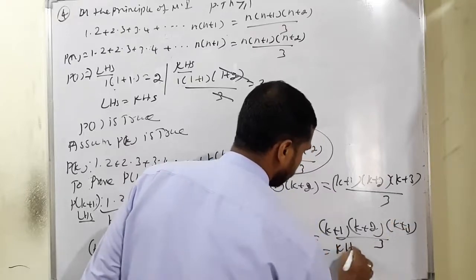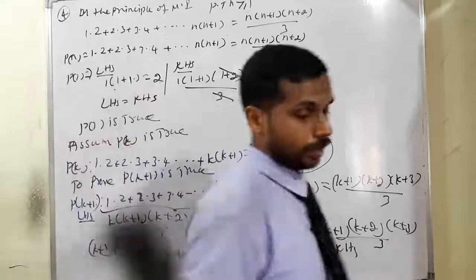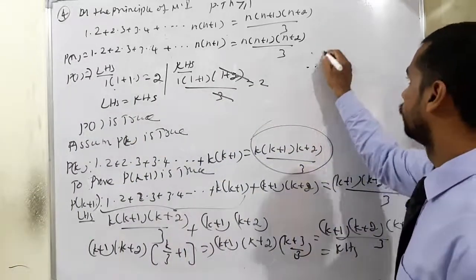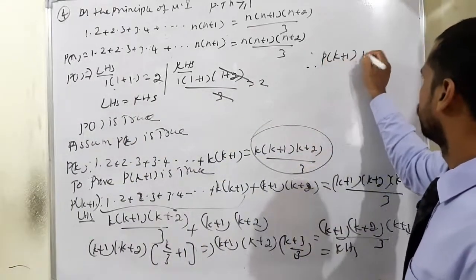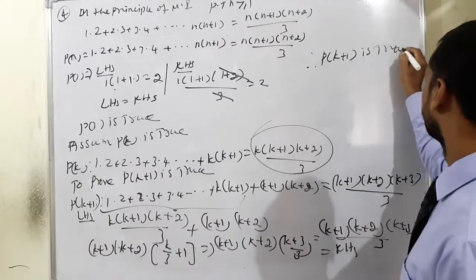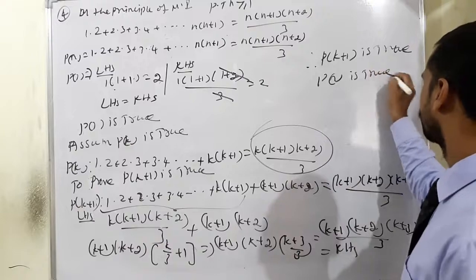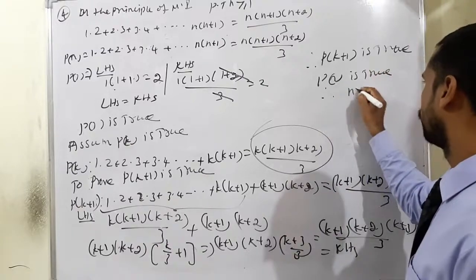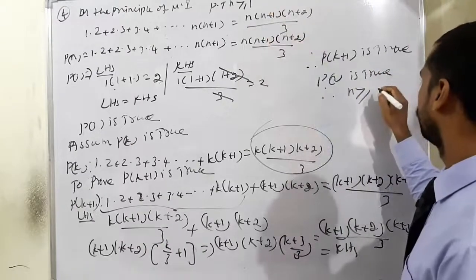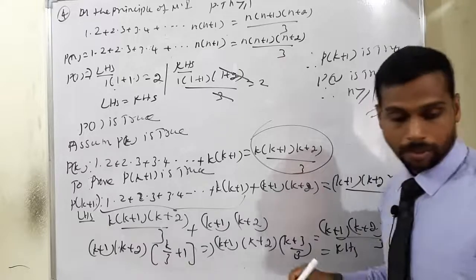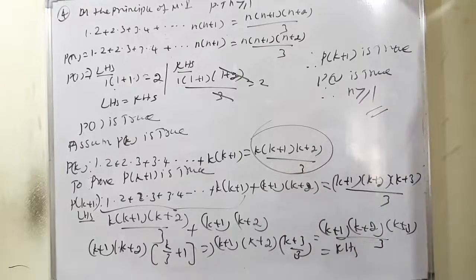This is called RHS. So we can say P of k plus 1 is true, which means P of n is true. Therefore, by the principle of mathematical induction, for n greater than or equal to 1, hence proved. Okay, I will continue with the next question.